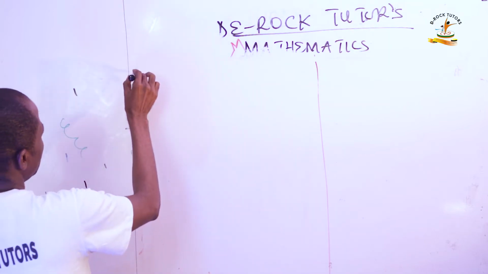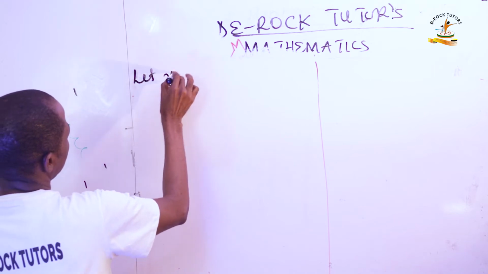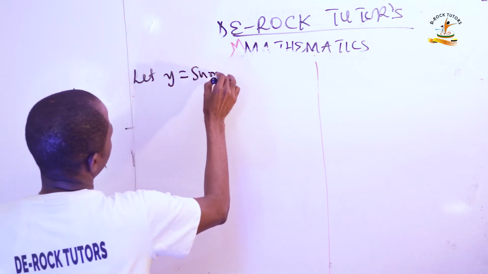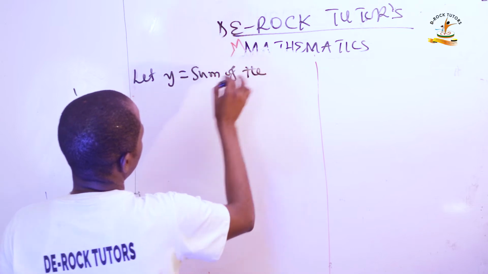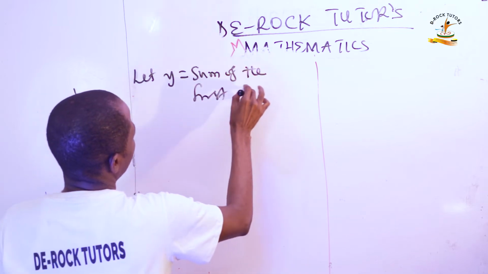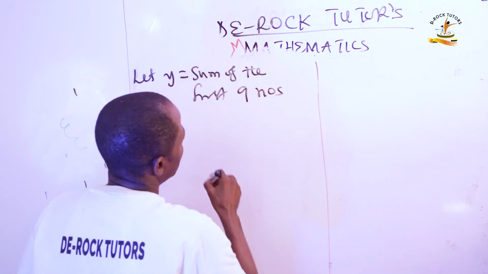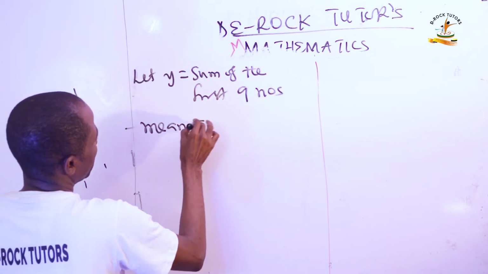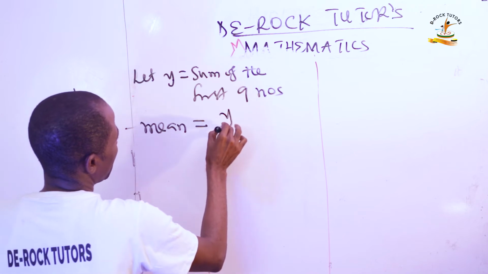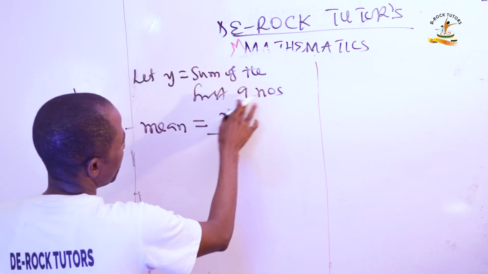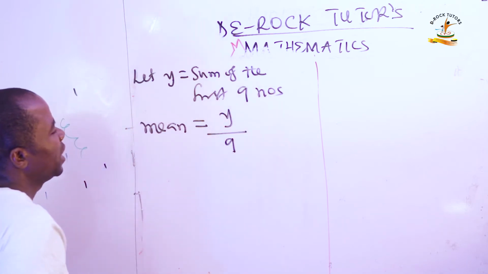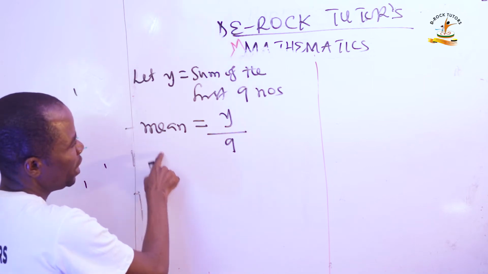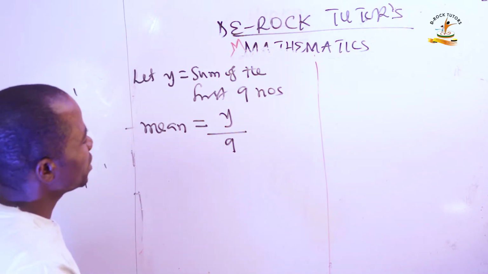So we can simply say let y be the sum of the first 9 numbers, so that the mean will be the sum of the first 9 numbers, that's y, over how many numbers there are, that is 9. We are told that the mean of the first 9 numbers is 55.